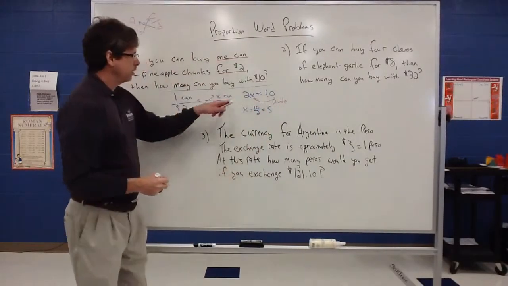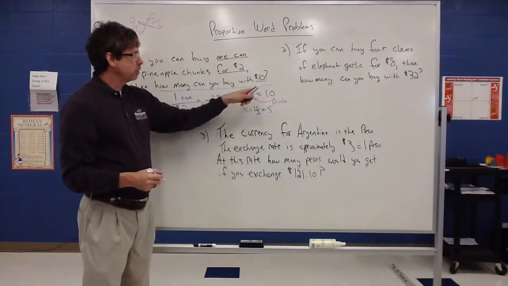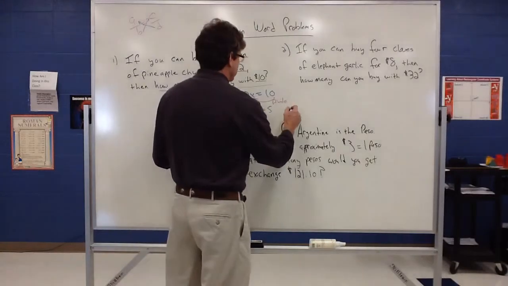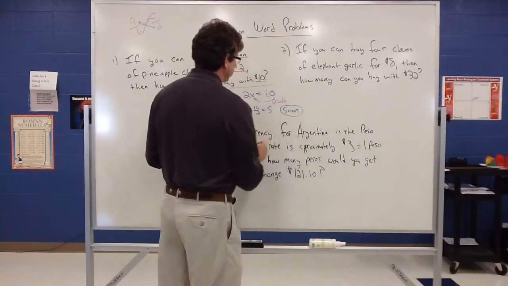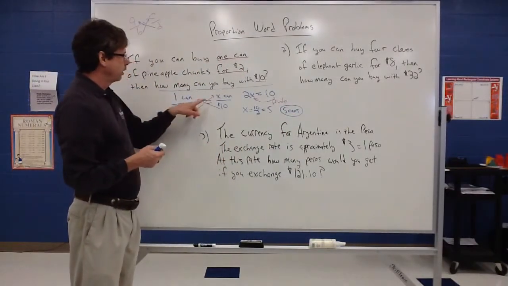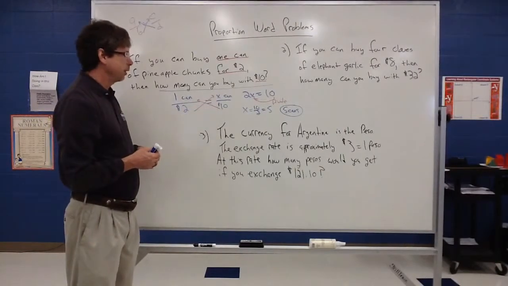You may also be able to just see that 2 times what number is 10? 2 times 5 is 10. But we could also just use division to find that answer. So 5 cans is the answer to that problem. If I can buy 1 can for $2, 5 cans should go for $10. That should make sense.